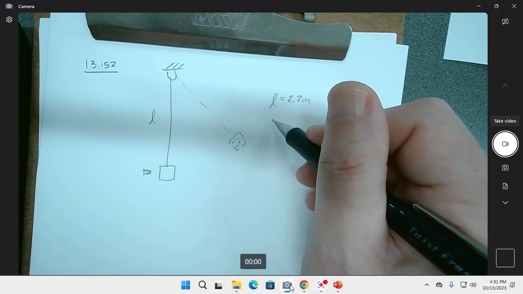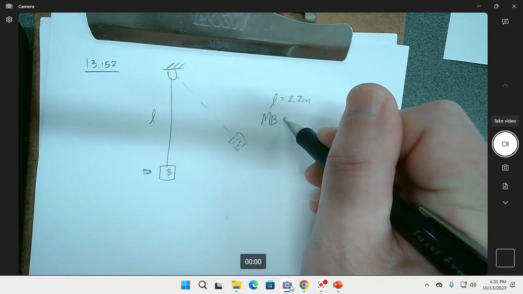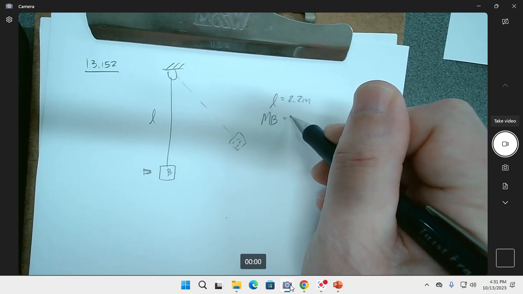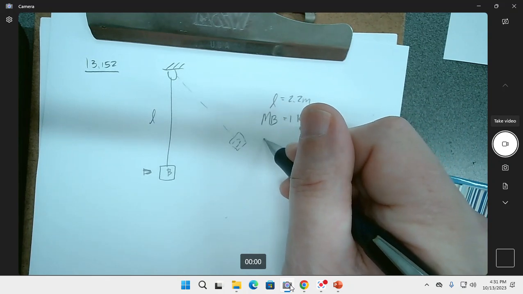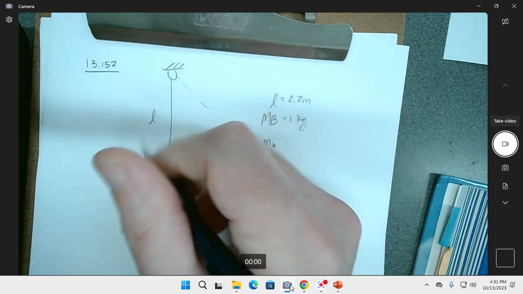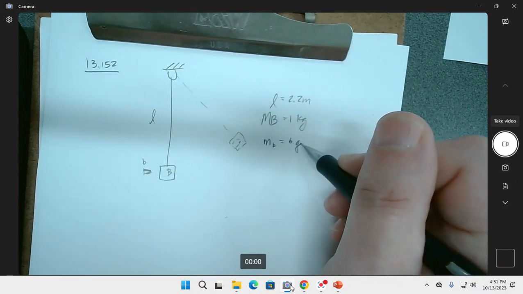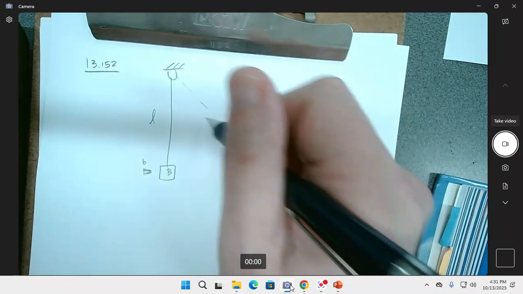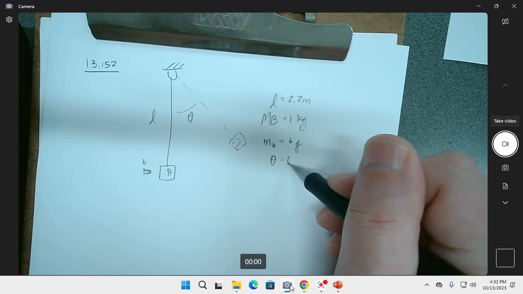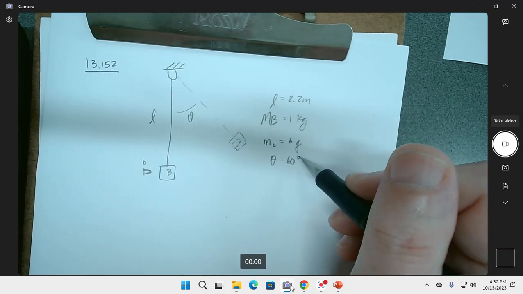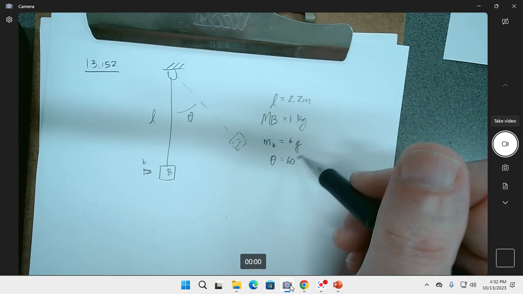And the block B is 1 kilogram. And the mass of the bullet, I like that little b, is equal to 6 grams. And the angle theta is equal to 60 degrees. Determine the initial speed of the bullet.